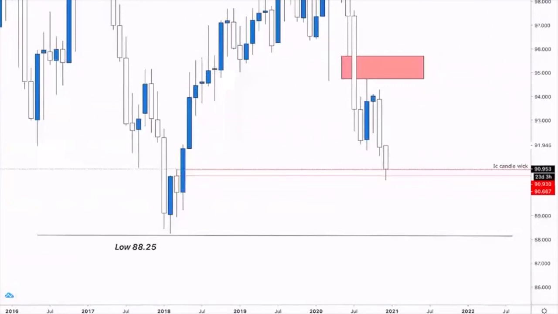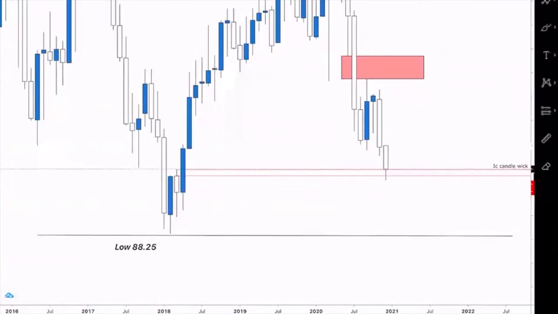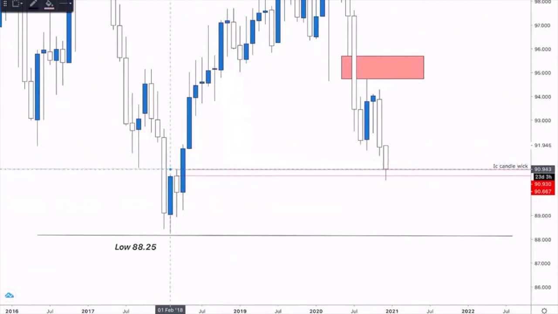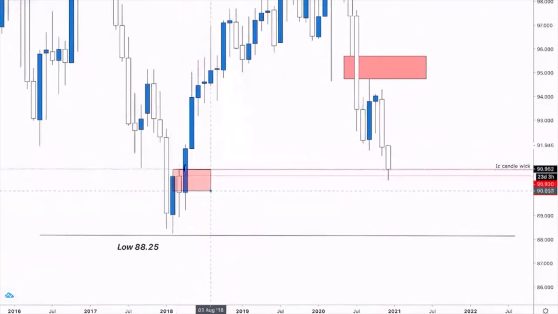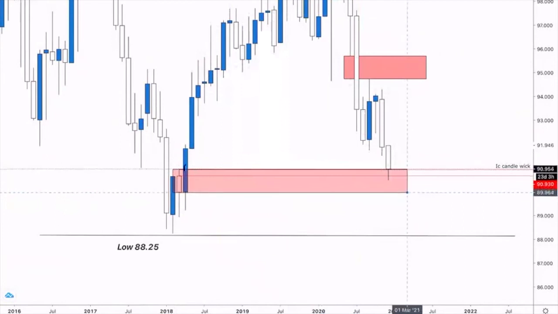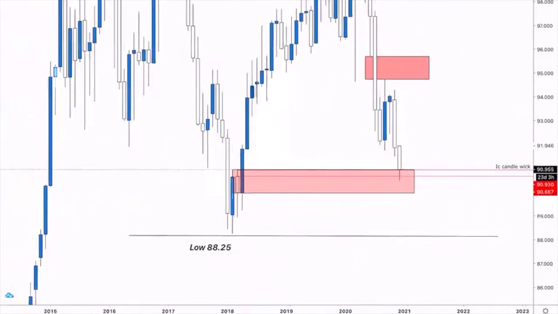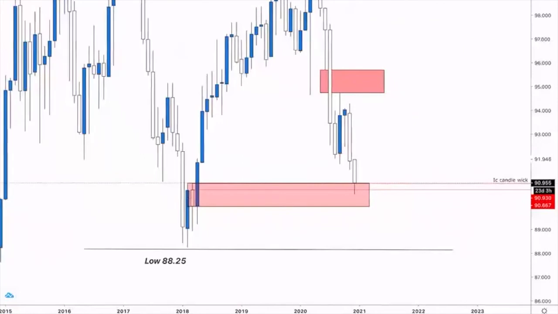You can see where I have marked up an institutional candle, which is here. On the right side, I have the open of the candle, which is the first red line.